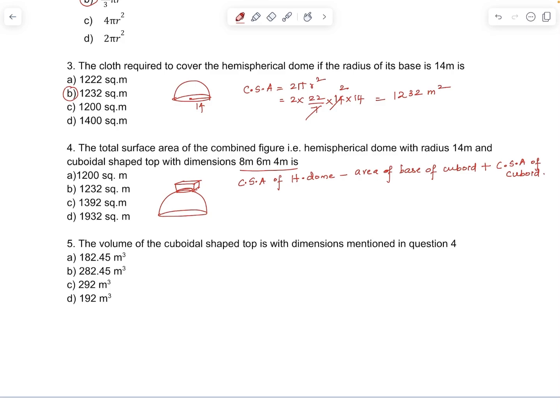The CSA of hemispherical dome has been already calculated in question 3, which is 1232 minus area of the base of the cuboid is L times B plus CSA of cuboid is 2 times BH plus 2 times HL plus 2 times LB.